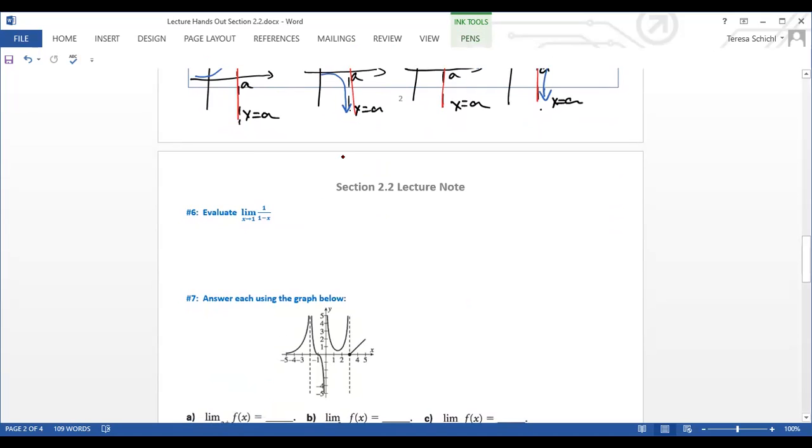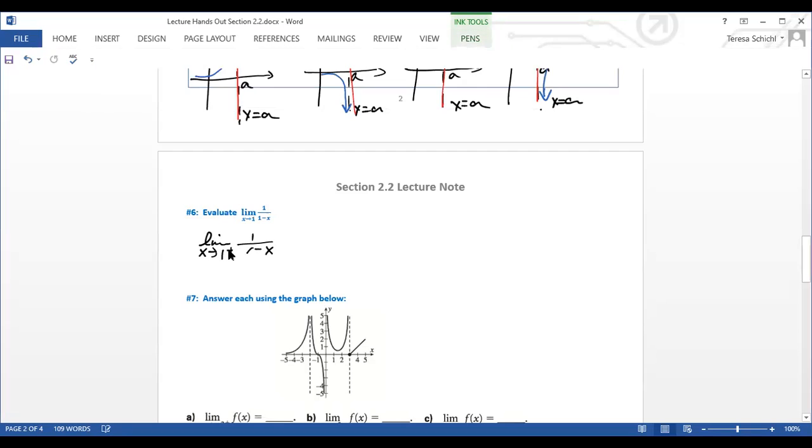The first thing, let's take a look at number 6. Evaluate the limit as x approaches 1. Remember, now that we know the right-hand limit and left-hand limit, I said the limit as x approaches 1 from the right-hand side. What does that mean?